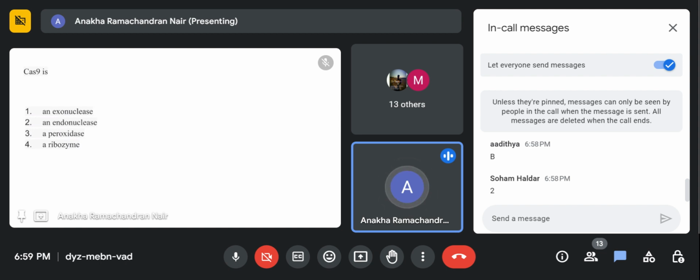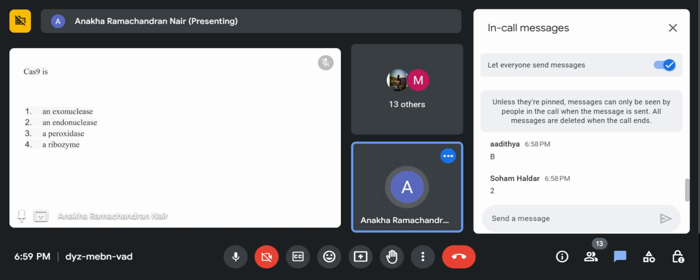Do you guys know what the other enzymes do? Just maybe a little idea. Alright, so just for your information, the answer you guys were saying is in fact correct. Answer is 2.